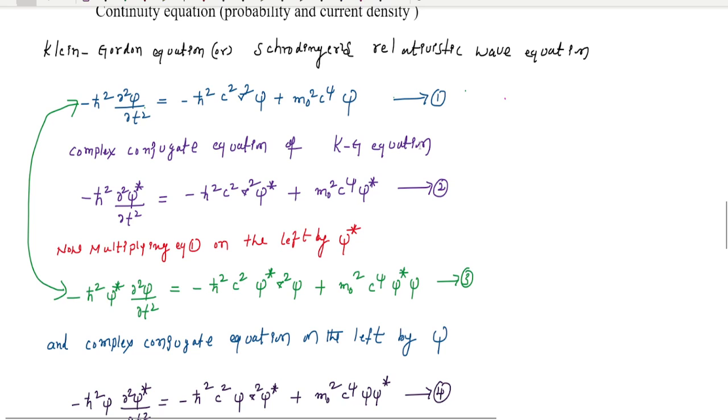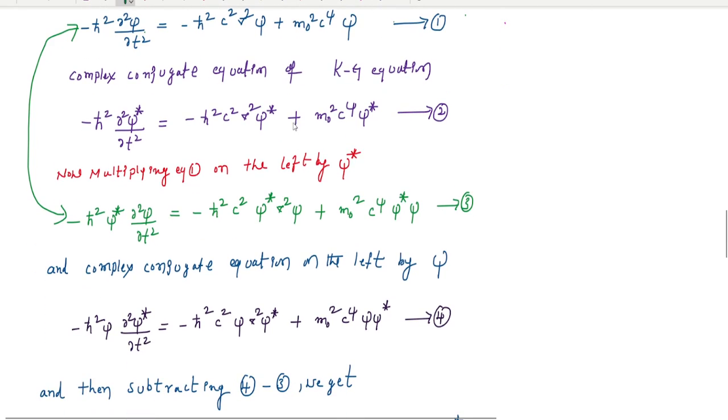And one more step, the second step, you need to follow. We should multiply the wave function from the left side of this equation.